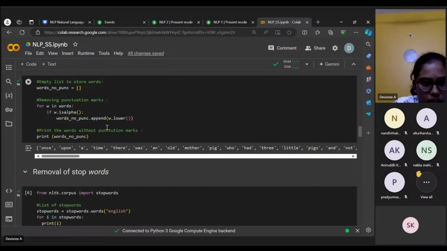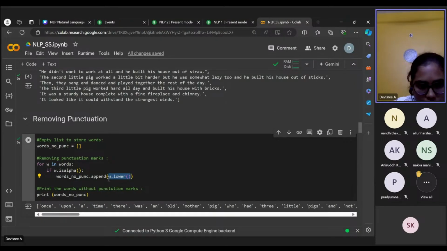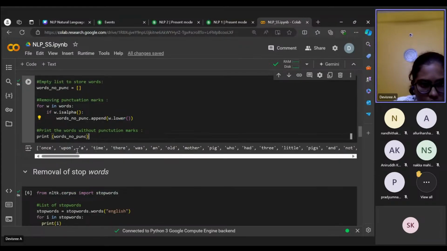You also convert it to lowercase over here. So it performs two tasks essentially: lowercasing and removing punctuation. These are the words that do not contain punctuation marks. So this is the list returned.